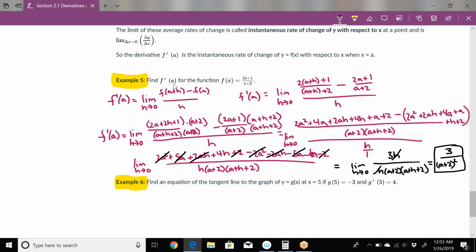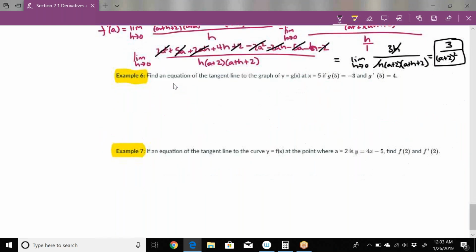Now, the last two examples in this section, we're just going to be looking at how to use information that we've been given to find other pieces of information. And this first one says, find an equation of a tangent line to the graph y equals g of x at x equals 5 if we know that g of 5 equals negative 3. That means we actually have an ordered pair.